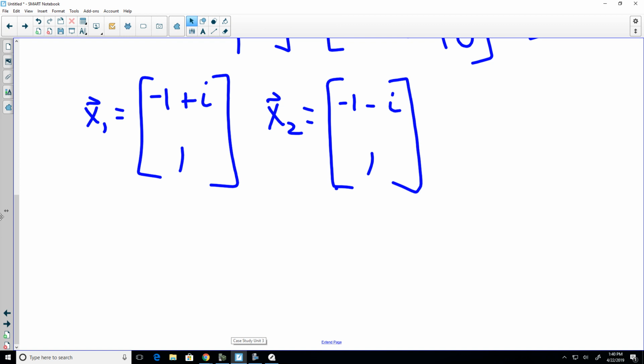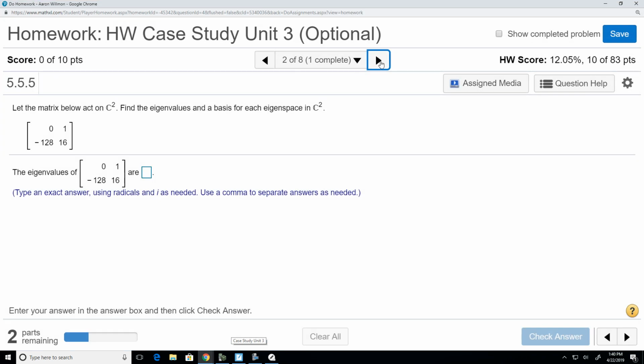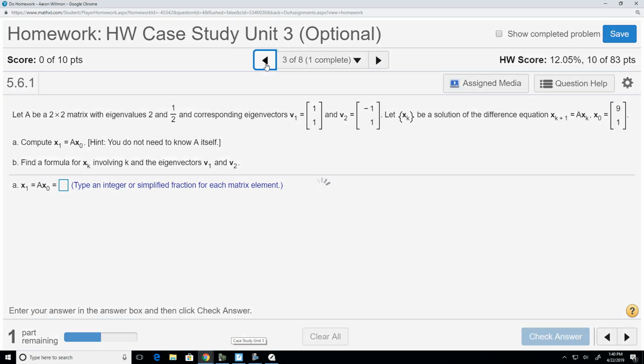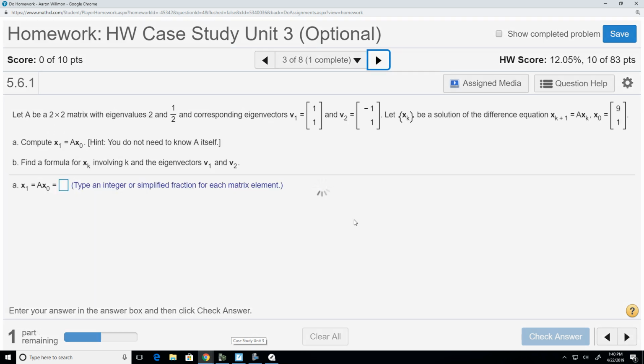Are we good with that? So it's a little bit more difficult, but you also get a shortcut built into it. So it's not that much worse than what we did before. You will not get a 3x3 complex eigenvalue problem, but that one's a little bit more difficult, so it's not too bad.